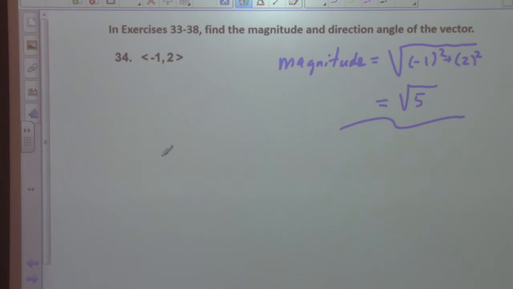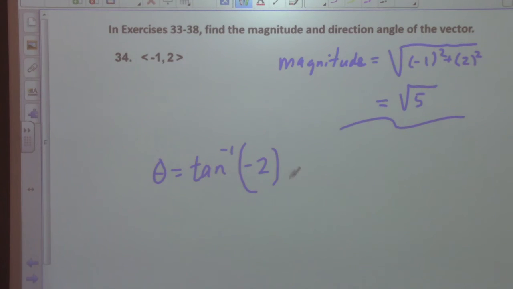And then the other one's the inverse tangent. So your direction is going to be inverse tangent of 2 over negative 1, so I'll say negative 2. That's negative 63.43. Now which quadrant are we in here?